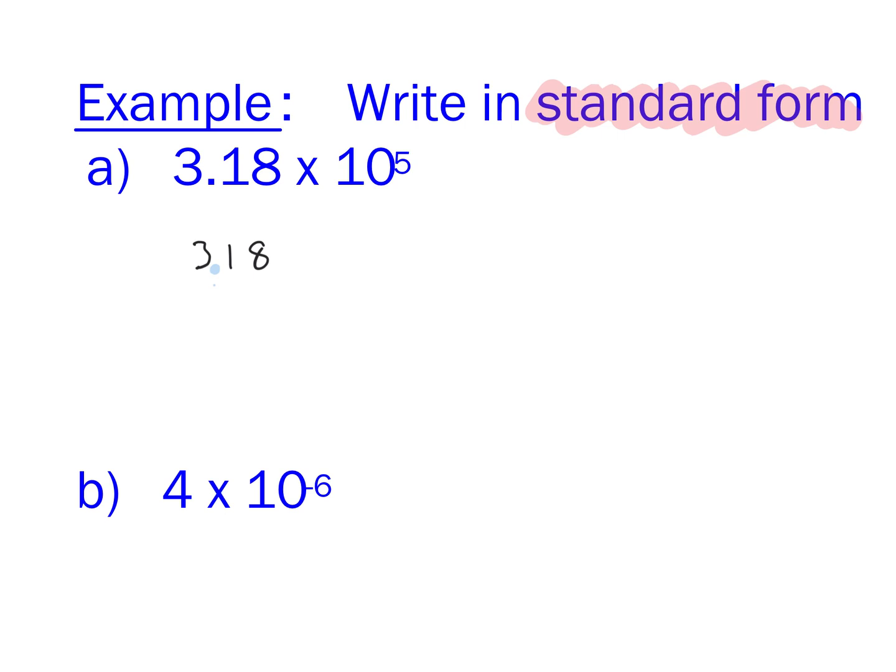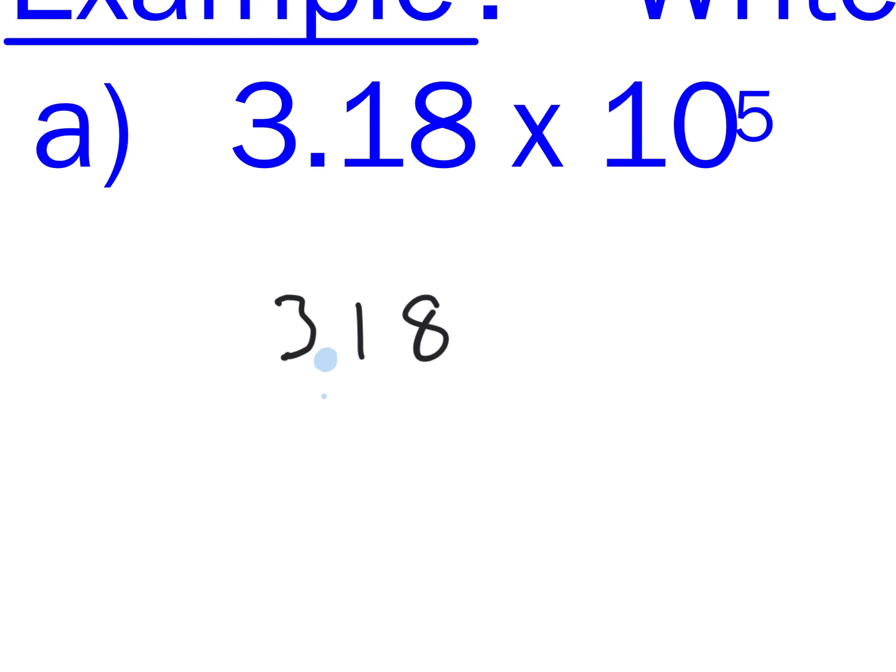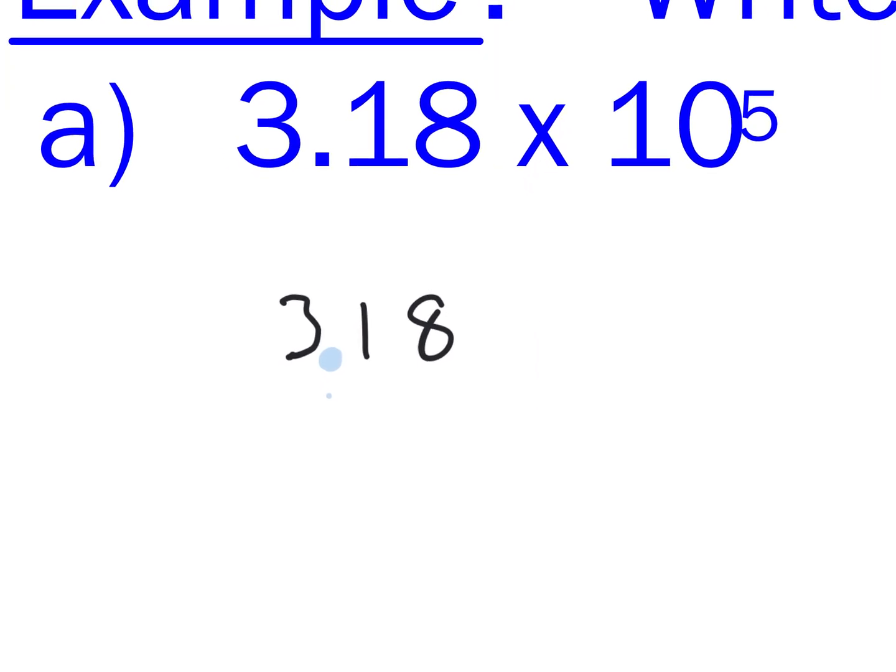How many spots? How many spots are we moving to the right? 5 times. So, 1, 2, 3, 4, 5. We have these empty spots.